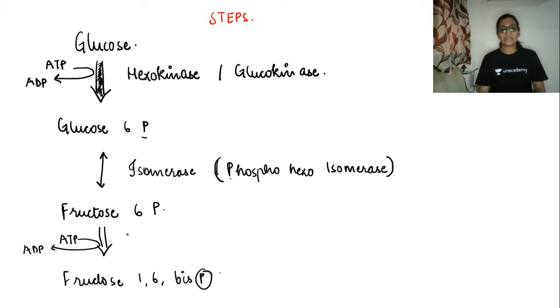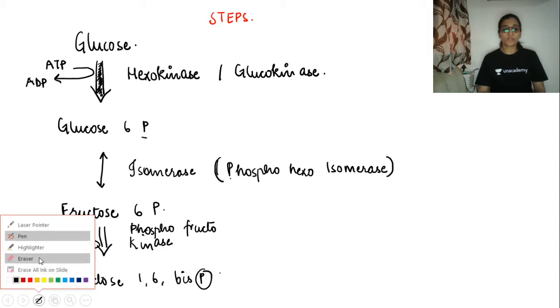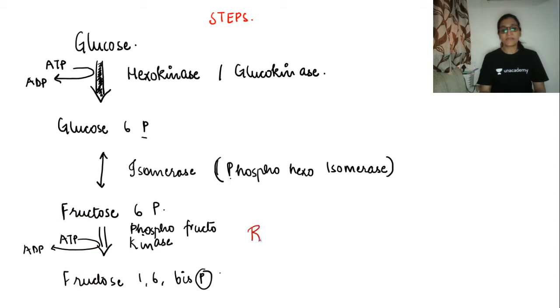It is an energy dependent step catalyzed by a kinase, phosphofructokinase. There is lots of importance of this step. This is the rate limiting step, the slowest step. It determines the rate of the whole reaction.